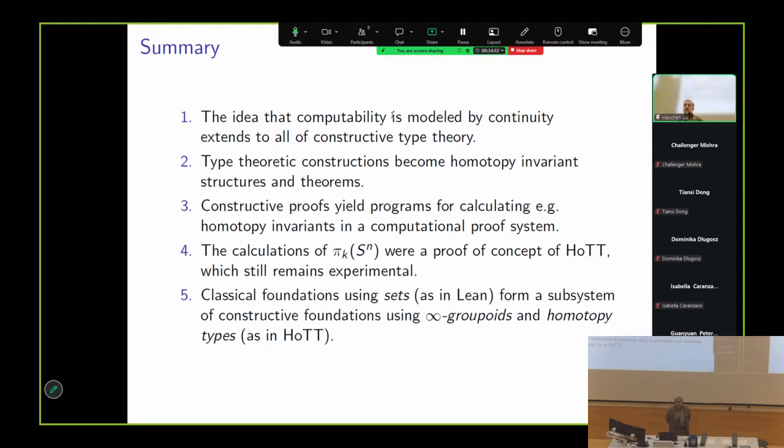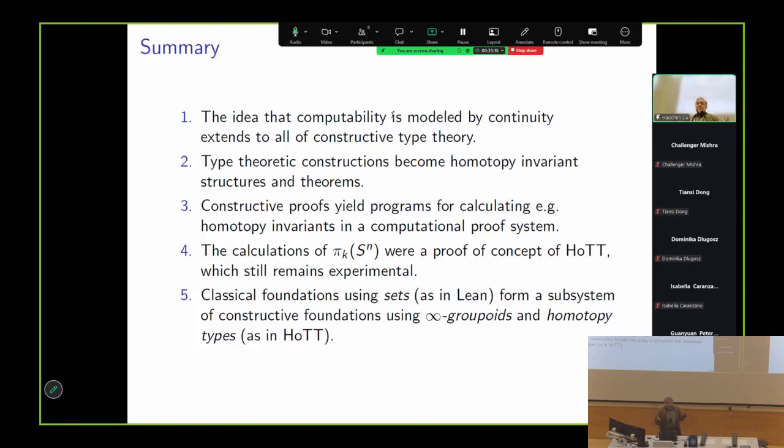Constructive proofs then yield programs for automatically calculating homotopy invariants inside this computational proof system. The calculations of the homotopy groups of the spheres were a proof of concept for the system. The system itself still remains experimental, but we're making progress year by year.